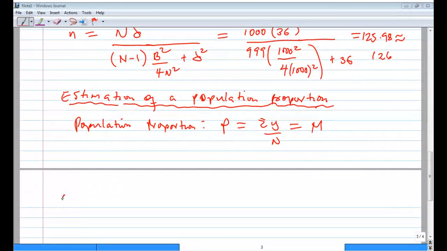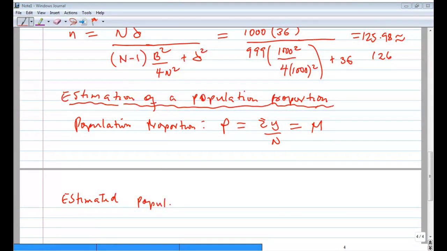Now, the estimated population proportion is given by, now we are estimating the what? Population proportion by P hat, isn't it?